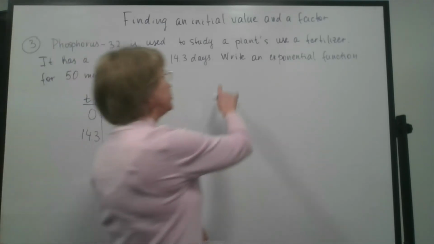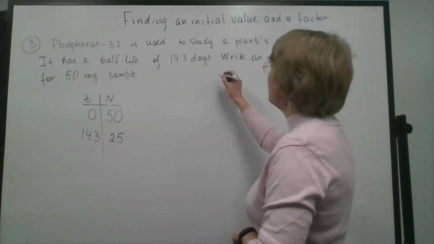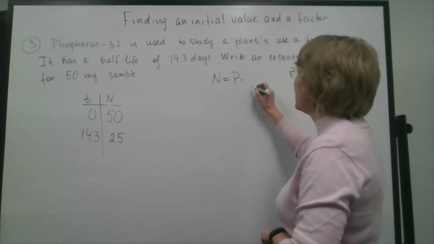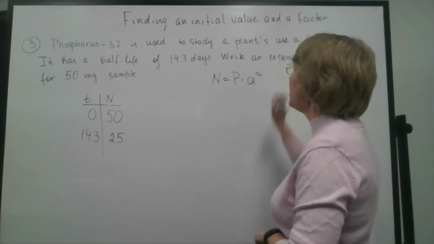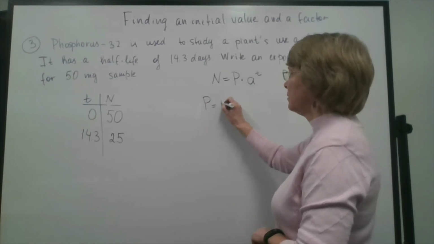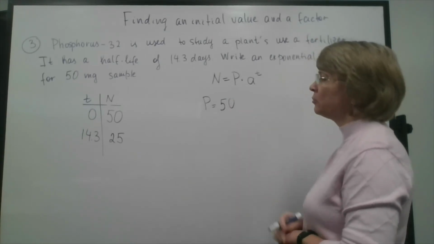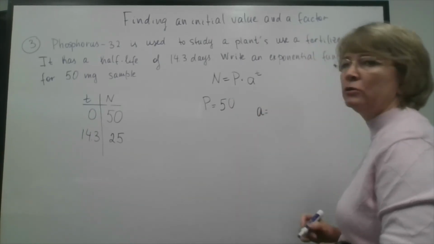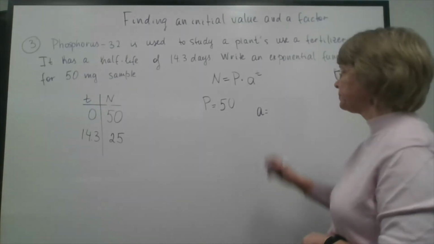We were asked to write an exponential function, so it will be N equal to P times A to the t power. Again, do we know P? Yes. P is equal to 50. Do we know A? No, we need to find A.